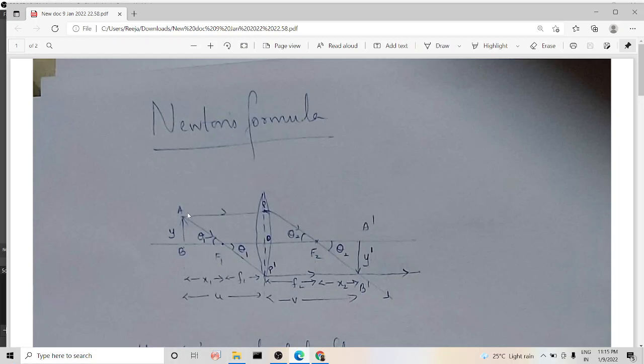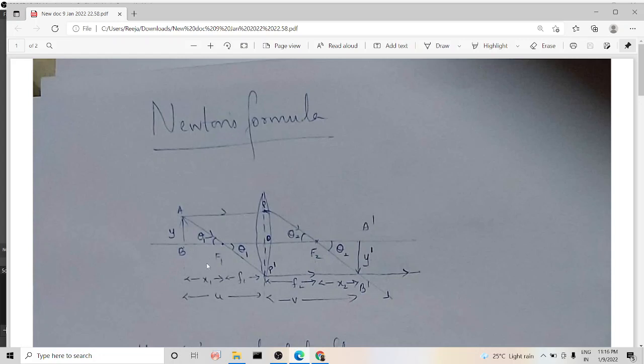AB represents the object with object height y and A dash B dash represents the image with image height y dash. Capital F1 represents the first principal focus with first focal length small f1. Capital F2 represents the second principal focus with the second focal length f2.